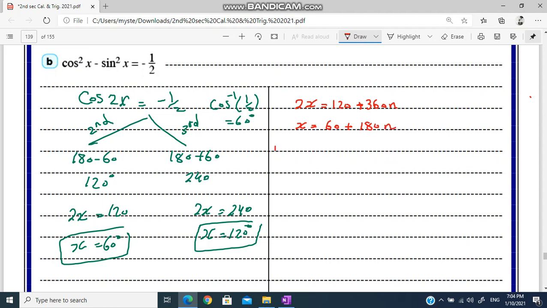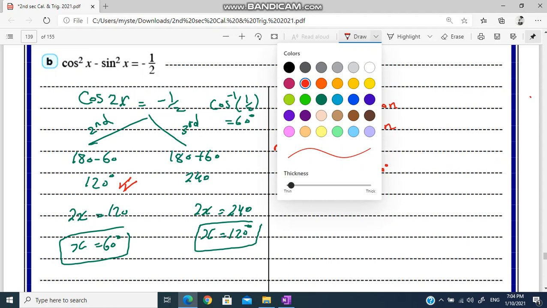Take n equals 0, so x will be 60, and if n equals 1, x will be 240. And if n is 2, it will be 420, outside our interval. This is from 120.